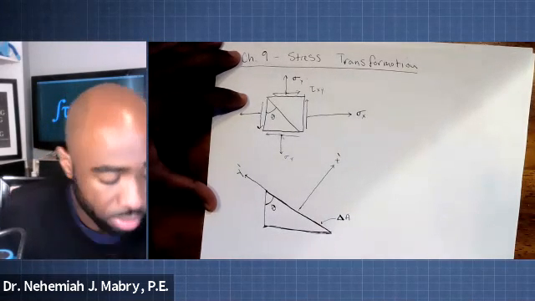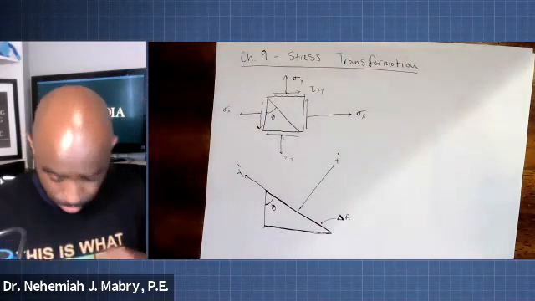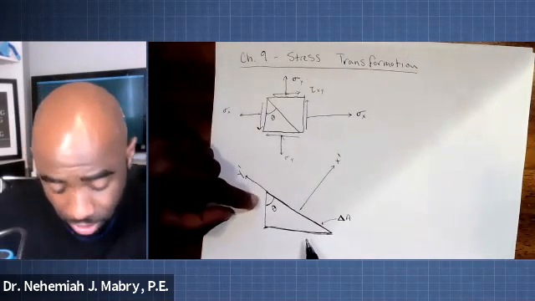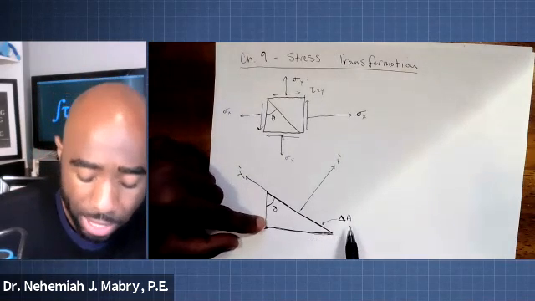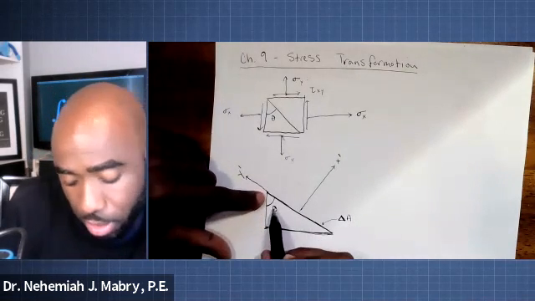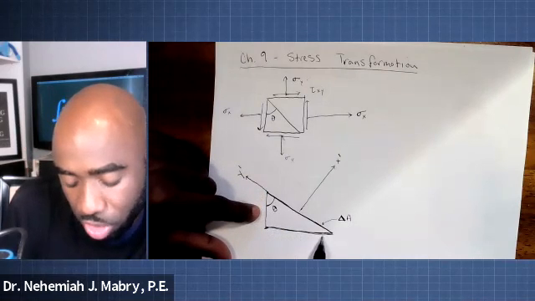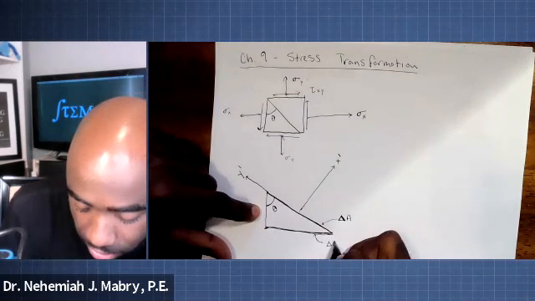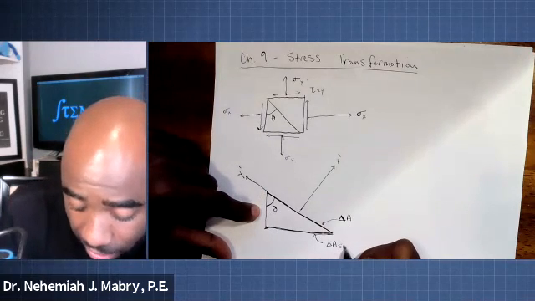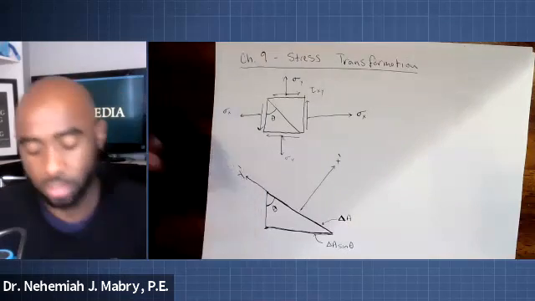Well, we know that this surface here, if we were talking about trigonometry, could be the hypotenuse times the adjacent surface. So this side would be delta A sine of theta.